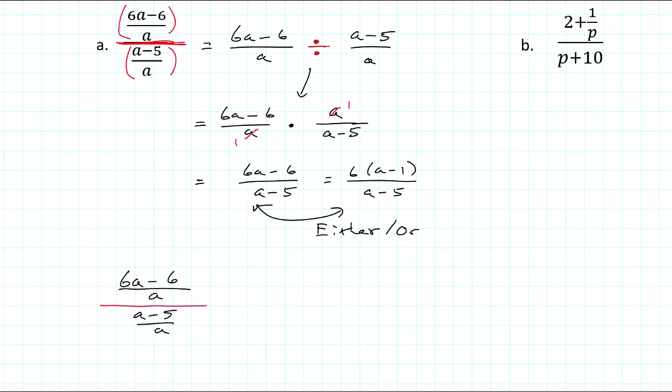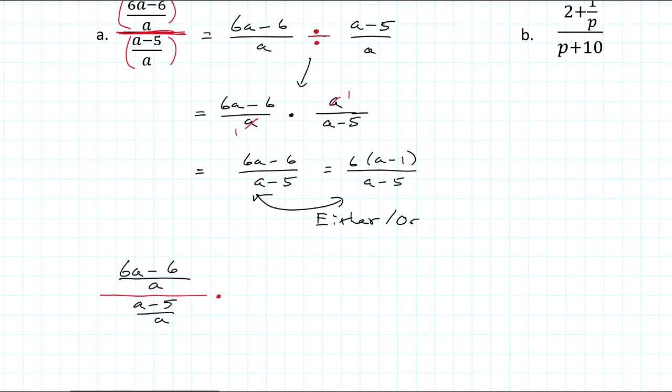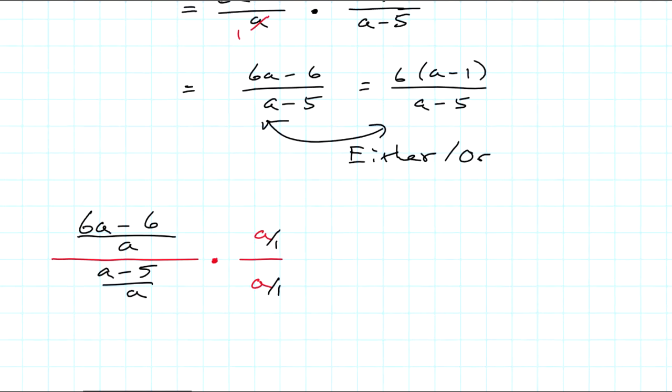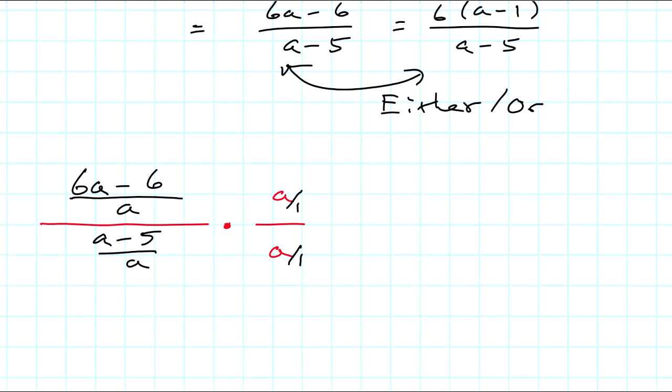And what I'm going to do is take advantage of the fact that I can multiply by 1. If I multiply by a on top of the big fraction and a on the bottom of the big fraction, I'll note that this is meaning a over 1 here. Then I'm going to zoom in, this is multiplication, right? So these a's can cancel there, and they can cancel here.